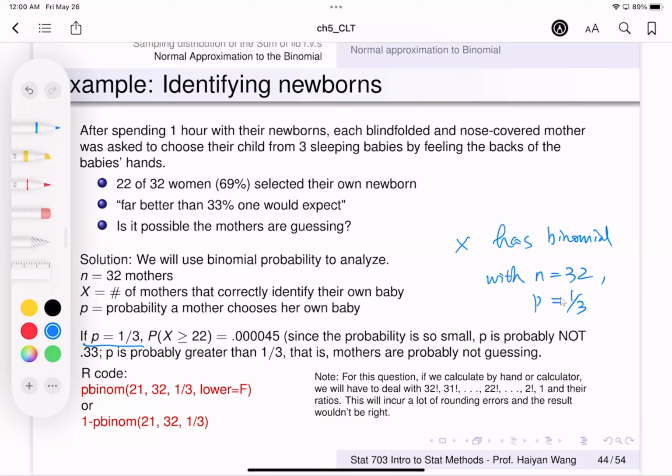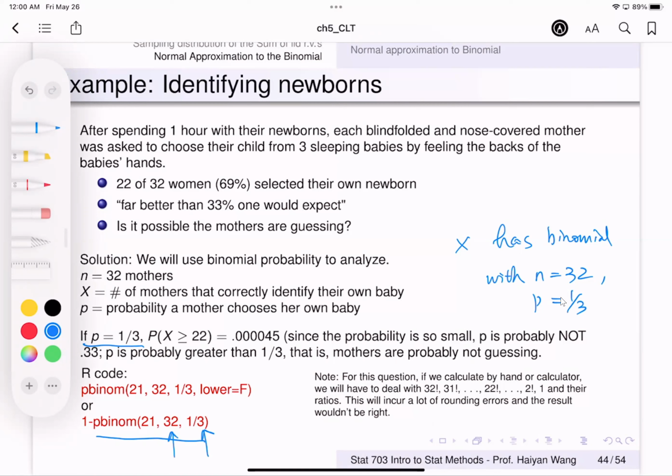So these are the parameters, 32 and 1/3. We want the probability of X greater or equal to 22. And for this probability, again, we use 1 minus pbinom with the 21 there to exclude the 21 and below. And then we put in the number of trials, 32 here, and we also put the success probability 1/3 there.